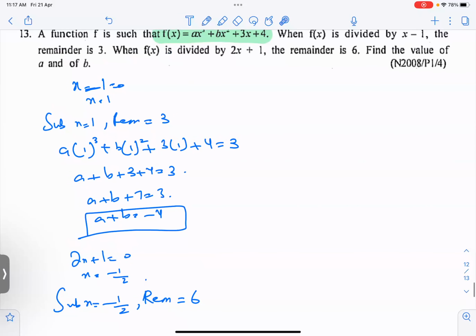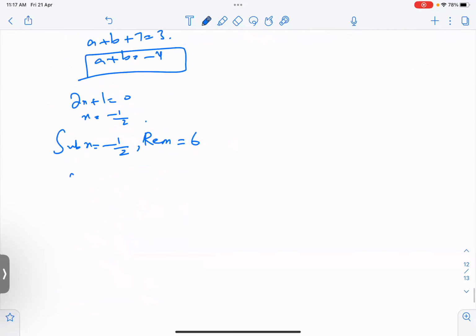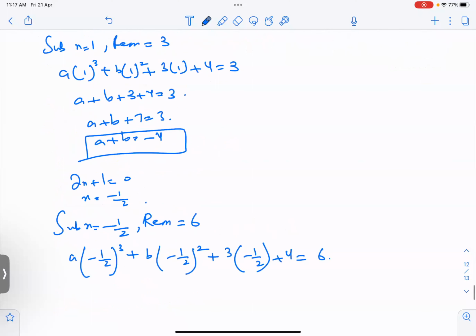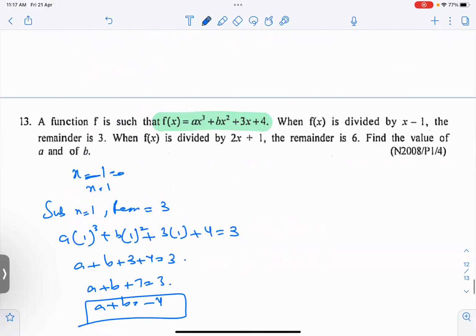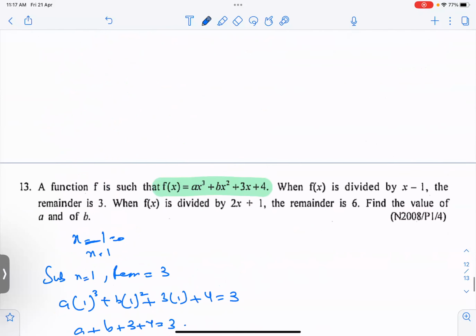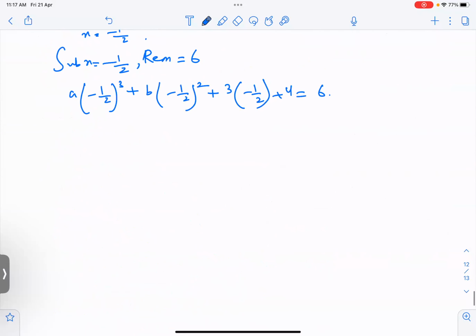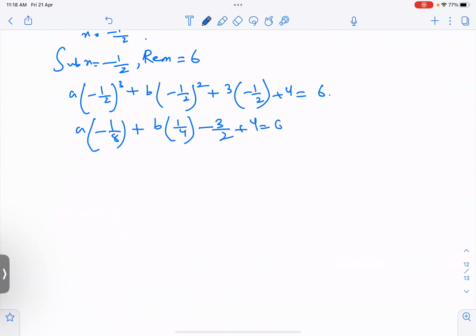It'll be a into minus half cube plus b into minus half square plus 3 into minus half plus 4 equals 6. Let's simplify this. It'll be a into minus 1 upon 8 plus b into 1 upon 4 minus 3 upon 2 plus 4 equals 6.